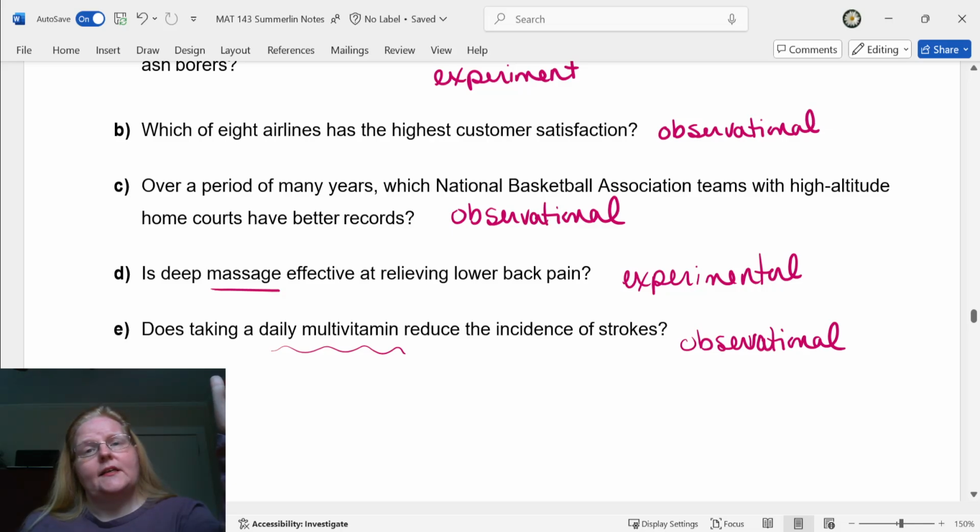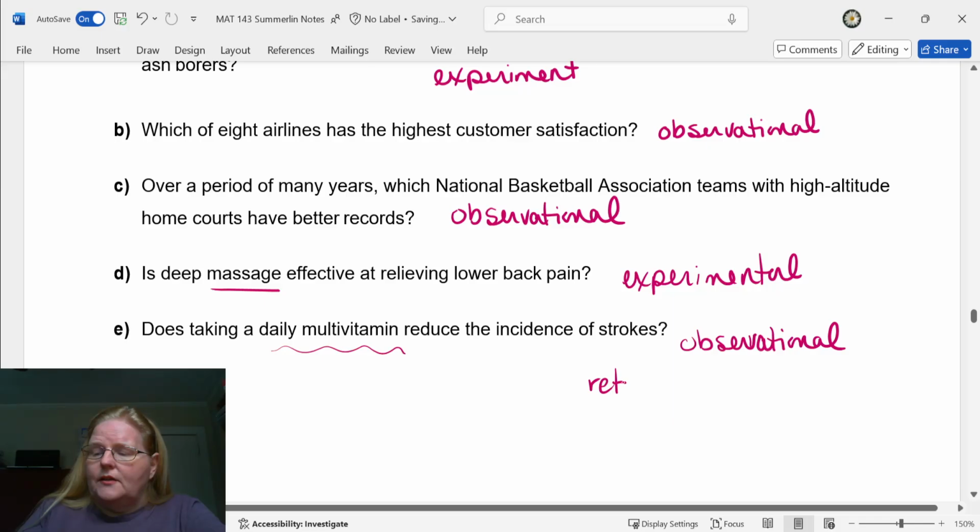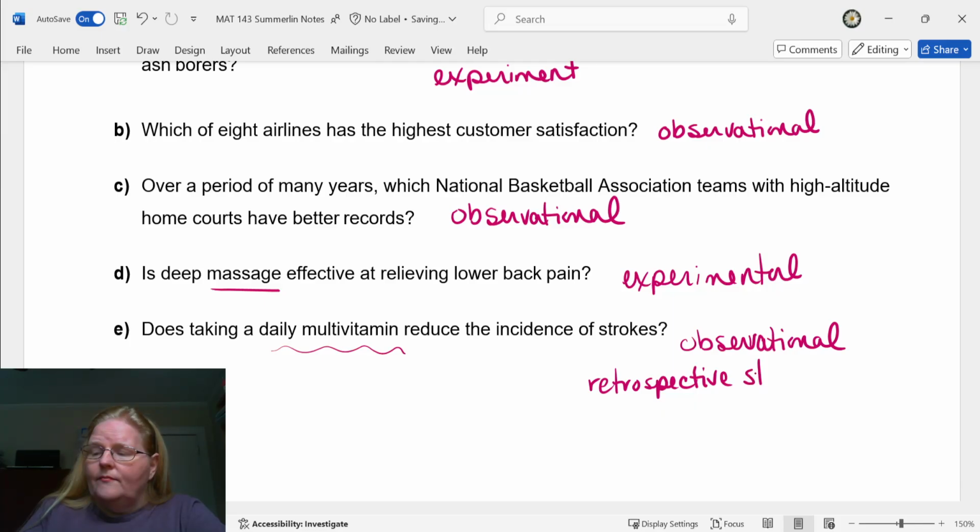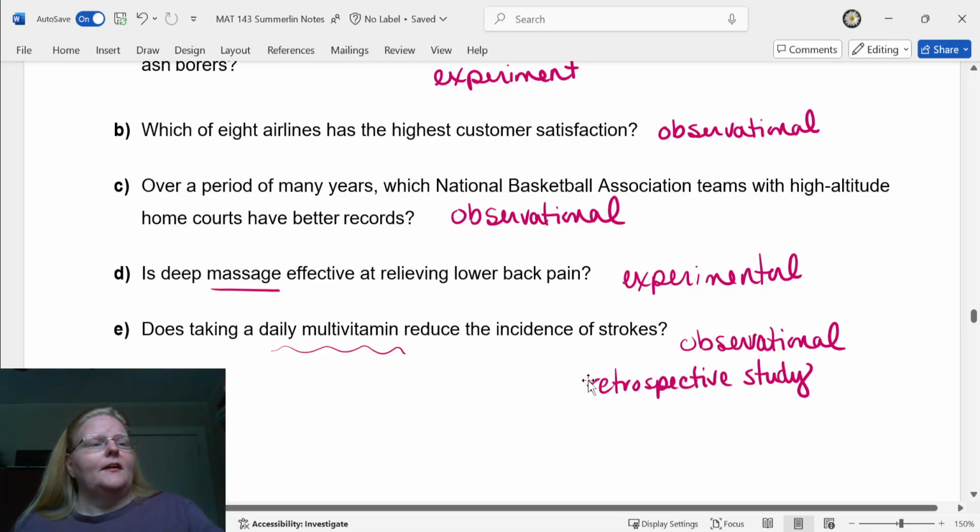You look at case histories of what people in the past have done and see if it affected them or not. That's how you do it. It is a retrospective study. It looks like it should be an experimental study, like I said, but it is not. It is retrospective because you can't kill people. It's not nice. You're supposed to be nice. Okay. I've yelled enough about that.